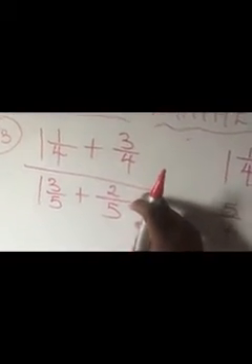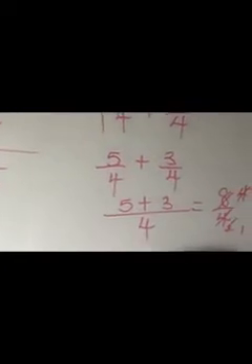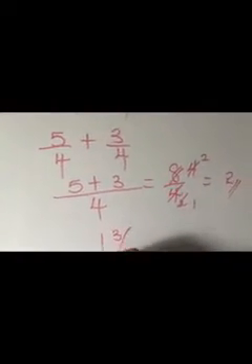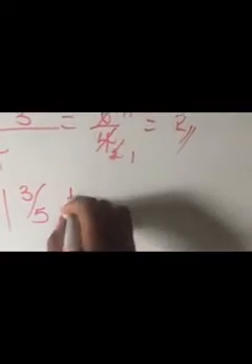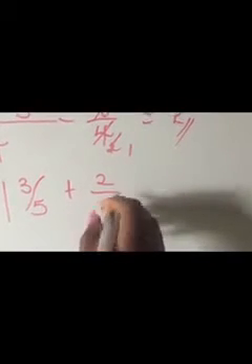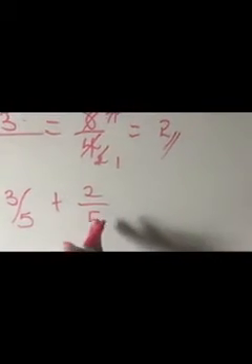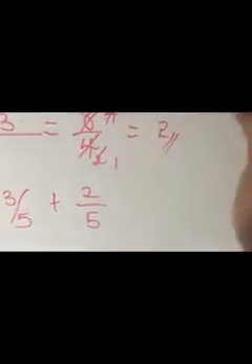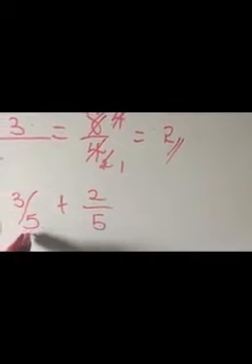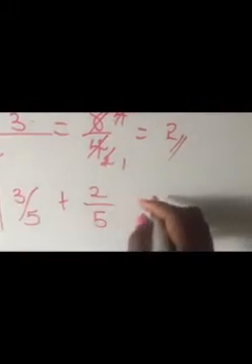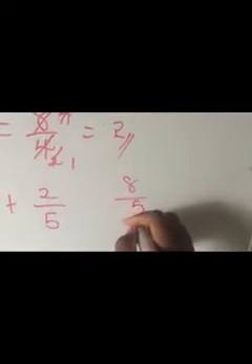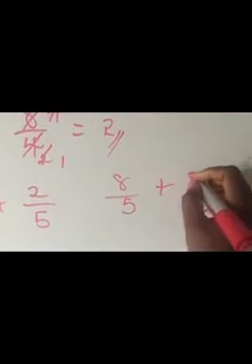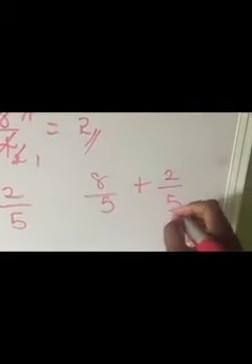So we move to the second one. That's one whole number, 3 over 5 plus 2 over 5. Remember I said we can change it. We have to change it to this to avoid confusion. 5 times 1 is 5. 5 plus 3 is 8. So that is 8 over 5 plus 2 over 5.